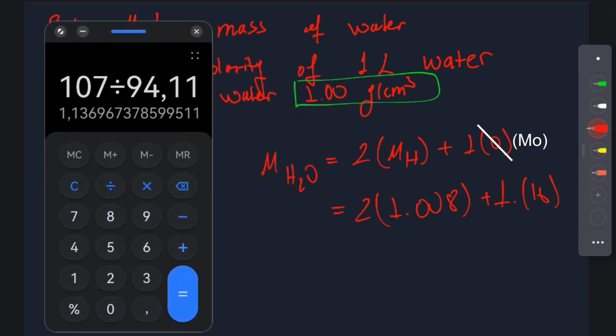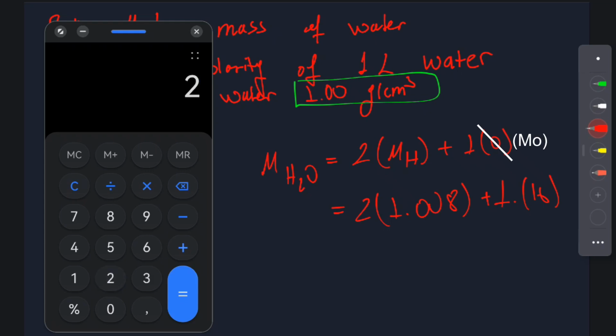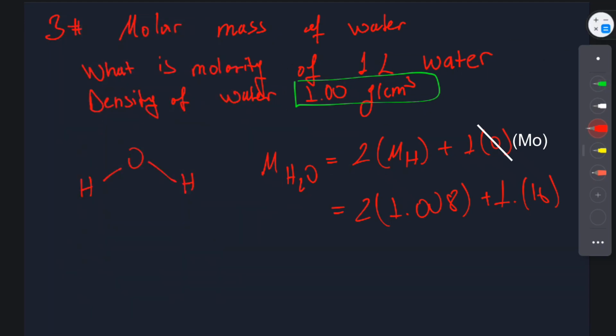We can calculate this number very quickly, and it is 18.016. So this is the molar mass of the water.